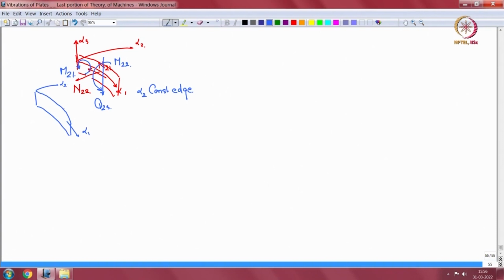Okay. So m22 will be associated with this out of plane beta 2, okay. Then n22 is associated with u2, okay. Then n21 is associated with u1, okay.